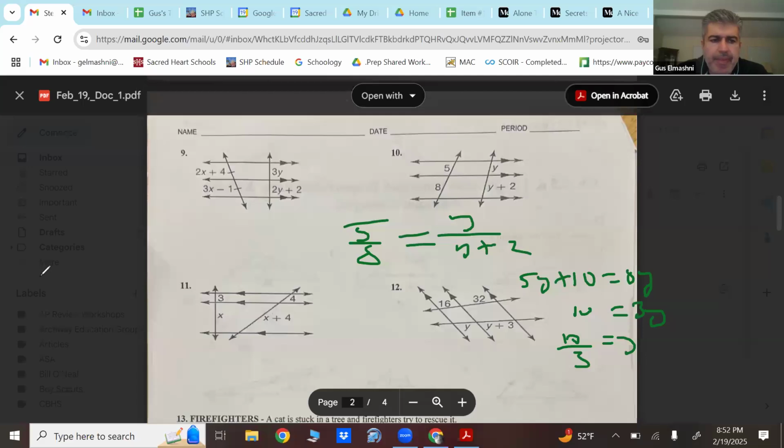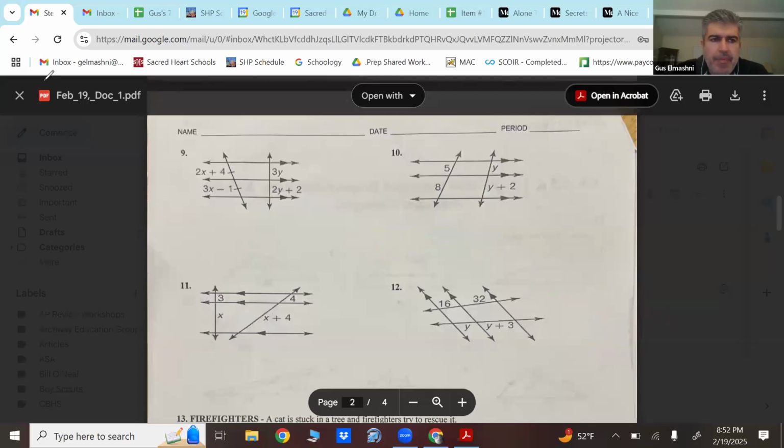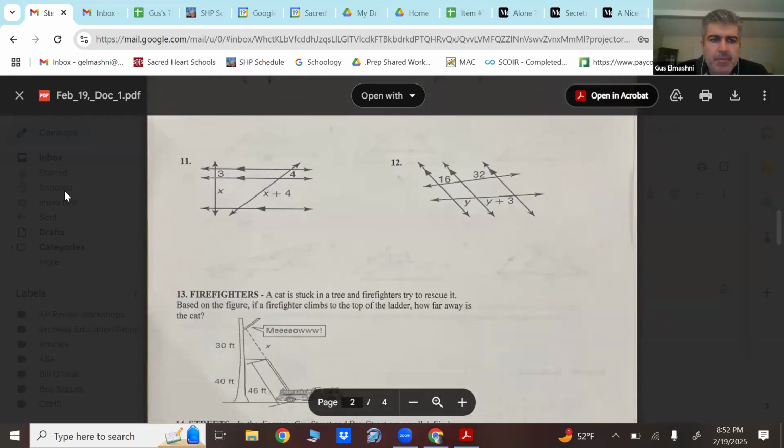Yeah, I got that right. Cross multiply it because we expect that ratio to happen.